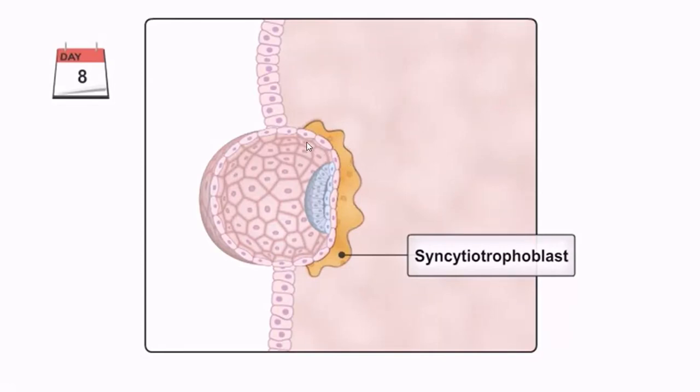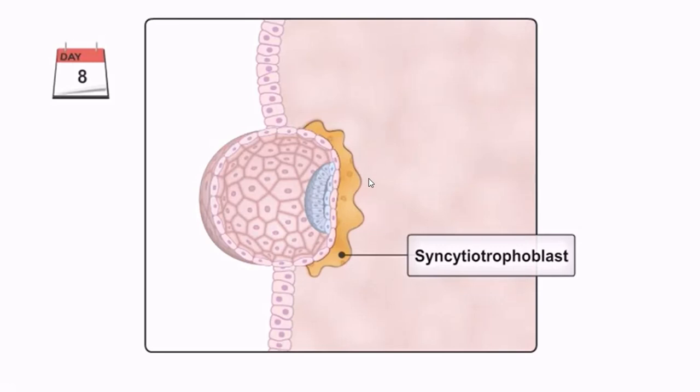The difference is that cytotrophoblast cells keep the same structure as normal cells: one cell, one nucleus, a cell membrane, independent. But in syncytiotrophoblast, the cytoplasm is common for all of the cells. Nuclei are different, but the cytoplasm is fused.